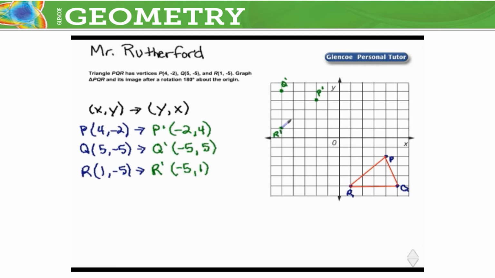Then our last step will be to connect these vertices with our straight lines to make our triangle. So our image of triangle PQR is triangle P prime, Q prime, R prime.